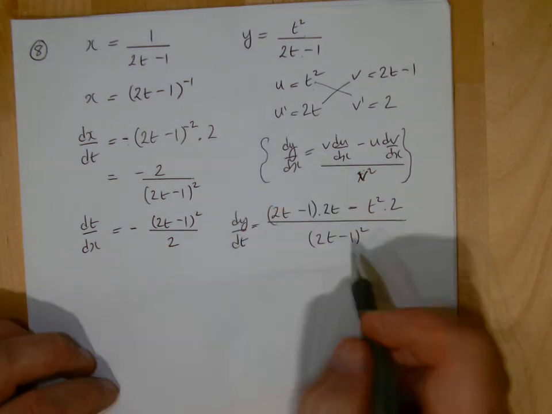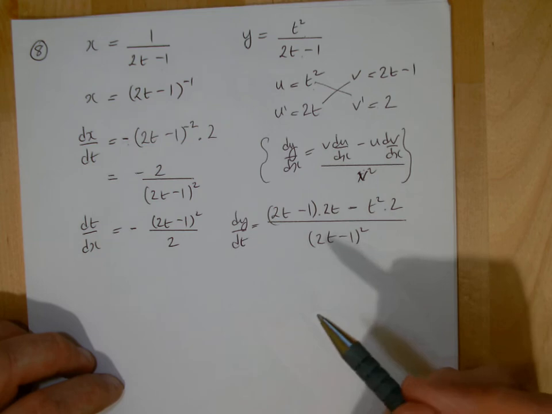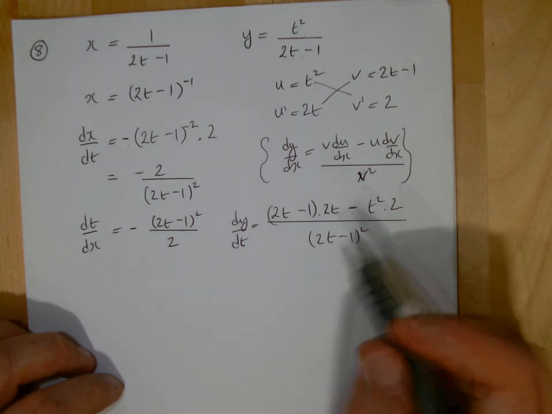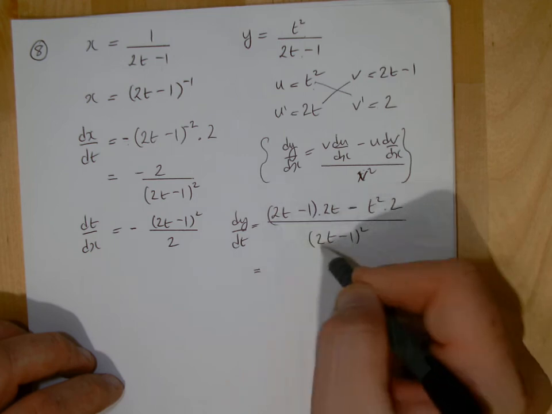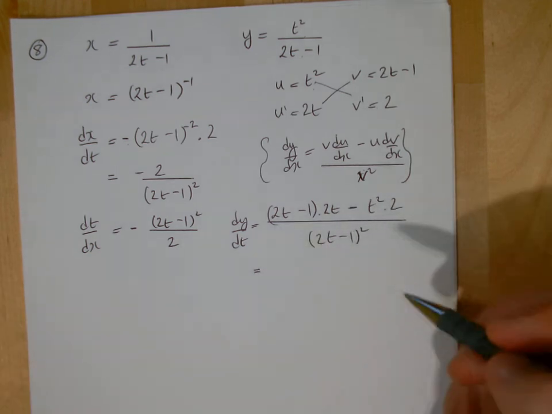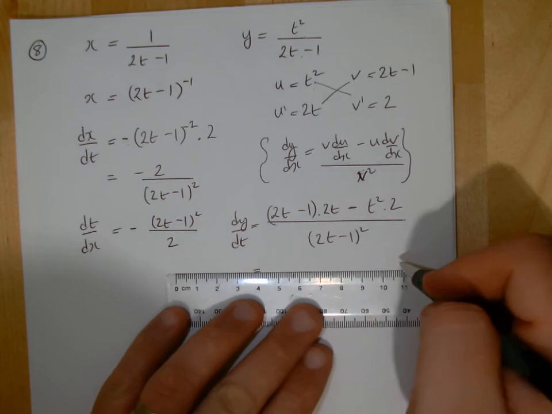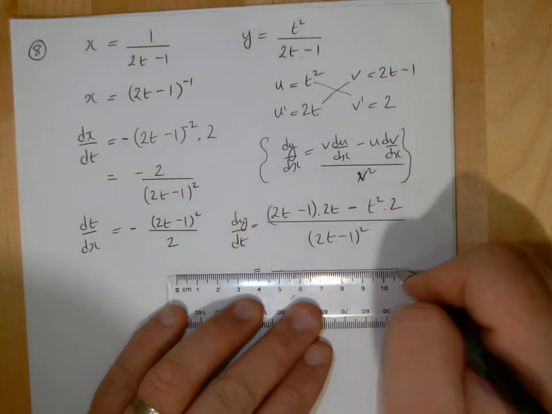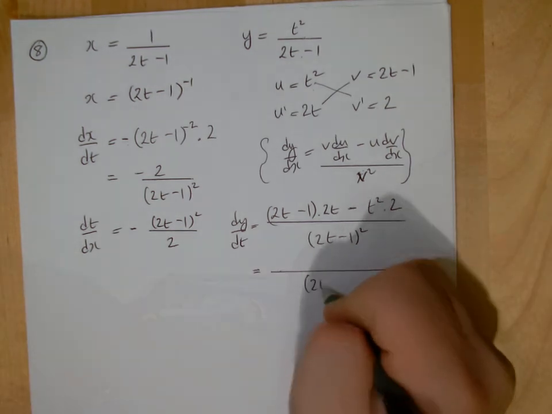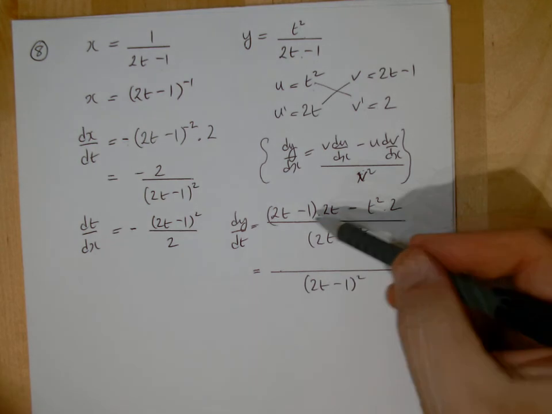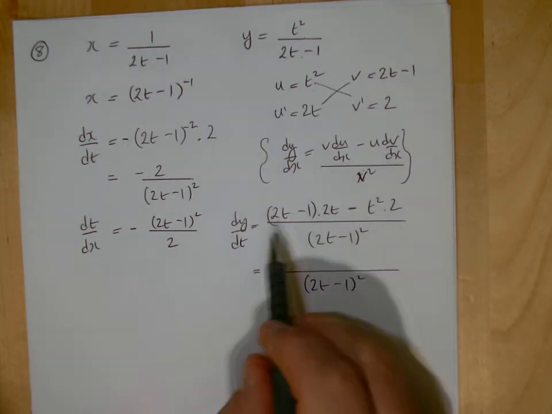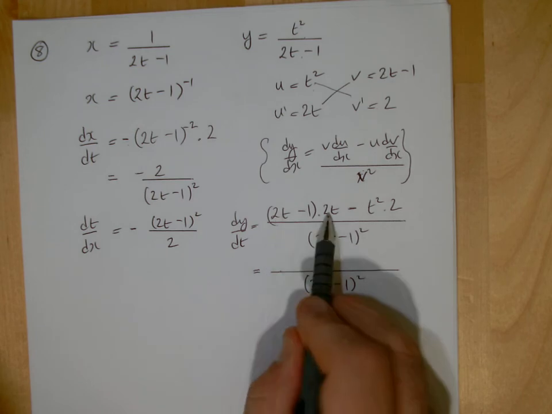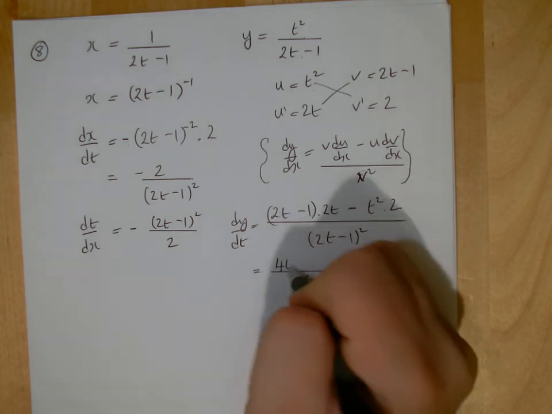Okay, so it's a case of trying to tidy this up to see if we can make it a little bit nicer. Now when I use the quotient rule and I've got a bracket on the bottom there, don't expand the bottom. Keep the bottom as 2t minus 1 all squared, but it's the top you want to see if we can expand this and make it a bit nicer. So 2t times 2t is 4t squared.